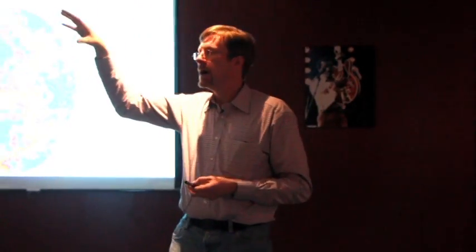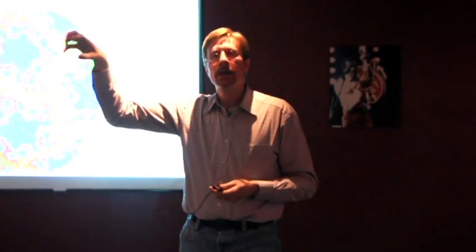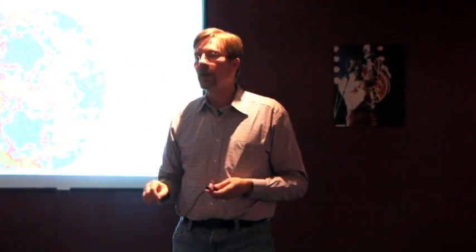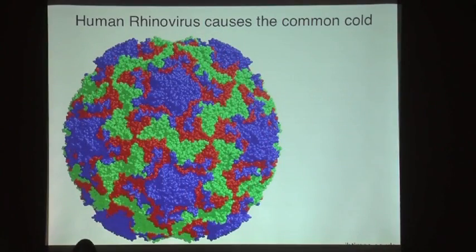The virus binds to a surface receptor on the lung epithelial cells, gets into the cells, takes over the cells, makes copies of itself, and then goes elsewhere. But we're not as far along with the common cold as we are with the flu. We can look at the proteins on the surface of the rhinovirus and say, oh, there's a nice channel, there's a nice channel.